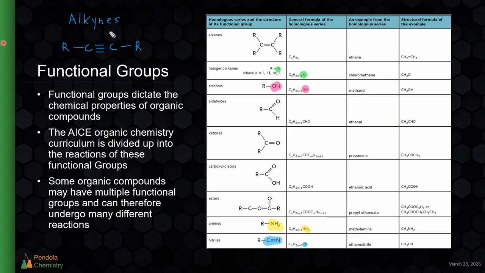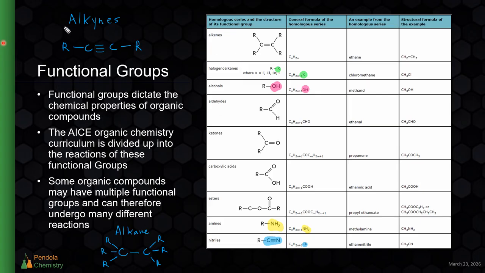So triple bond alkynes, double bond alkenes, and then we discussed earlier an alkane, A-N-E, which is just single bond carbons with other things attached to them. So alkane is just your basic hydrocarbon. Alkenes are hydrocarbons with a double bond, and alkynes are hydrocarbons with a triple bond.